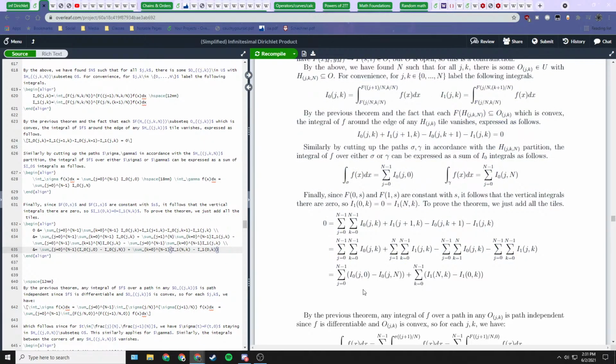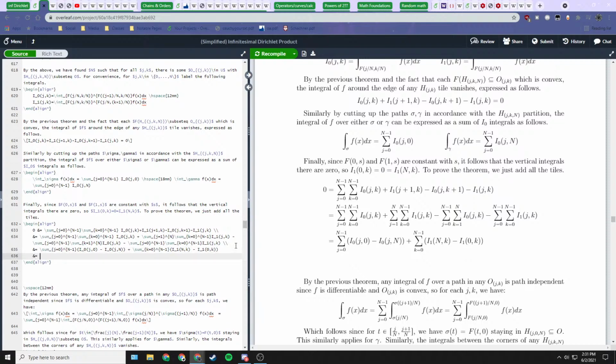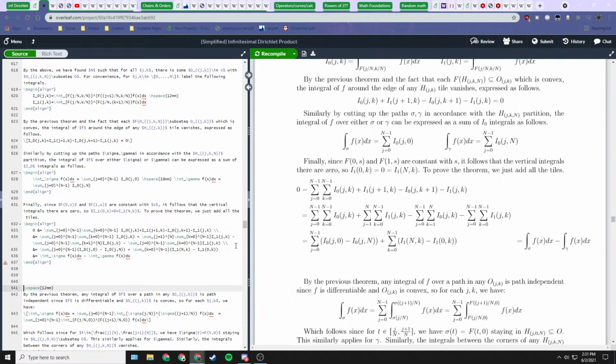Yes, this is correct. Okay. Cool. So we just sum up all these terms. All of these are 0, actually. So then this just ends up being the integral on sigma of f of x dx minus the integral on gamma of f of x dx. And we're done. That is the proof.